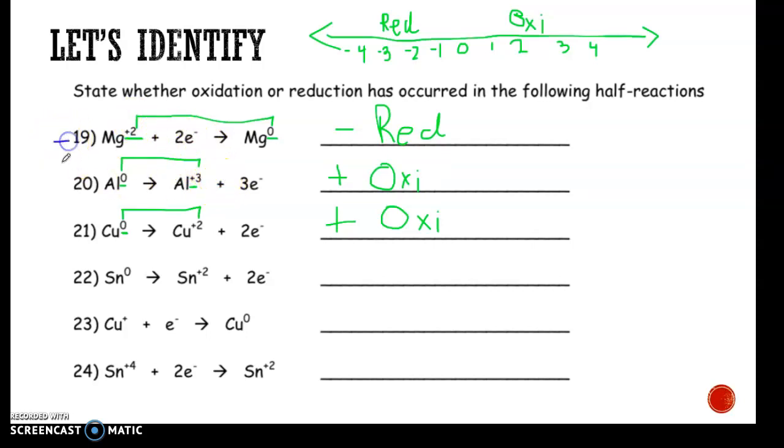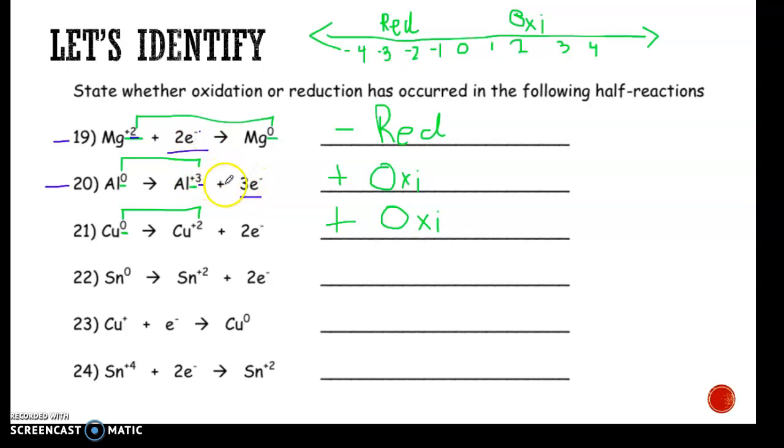You've probably realized that the number of electrons is based on the change within the oxidation state. As we go from 0 to +3, we've lost 3 electrons. As we go from +2 to 0, we've gained 2 electrons. So that's where we're getting the electron values from.